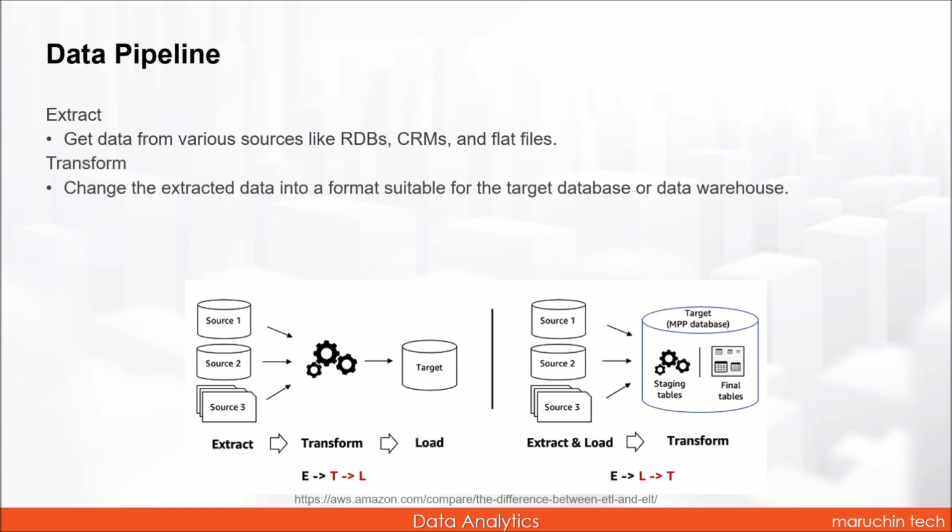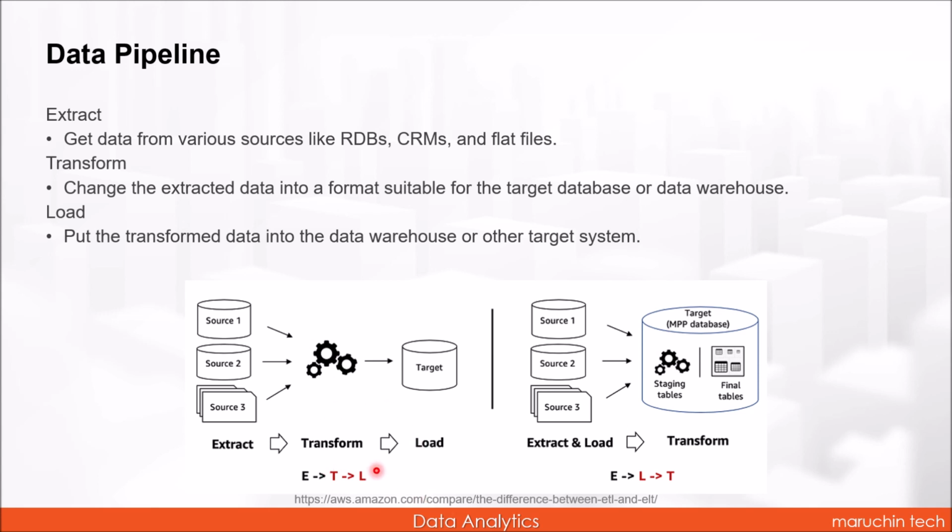Transform means changing the extracted data into a format suitable for the target database or data warehouse. This includes cleaning, filtering, validating, aggregating, enriching, and reformatting the data. And load means putting the transformed data into the data warehouse or other target systems.